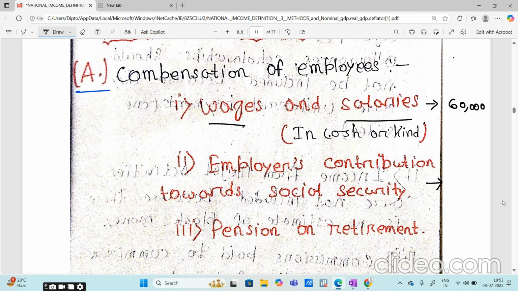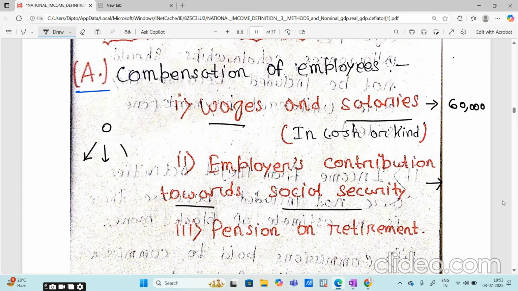Second part of the compensation of employees is employers' contribution towards social security. I hope you all know the difference between employee and employer. An employee is who is working in a company, and an employer is the person or authority who makes them work. Suppose I have a production process, I am the owner, and I have 5 people working under me.